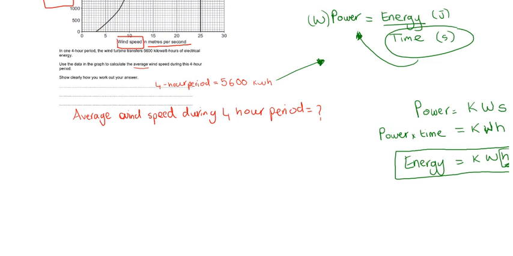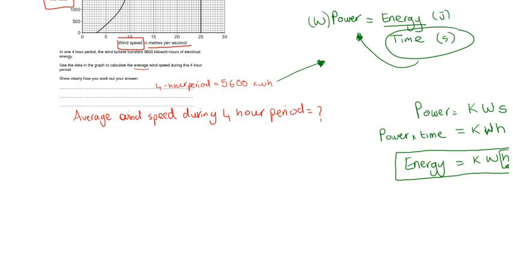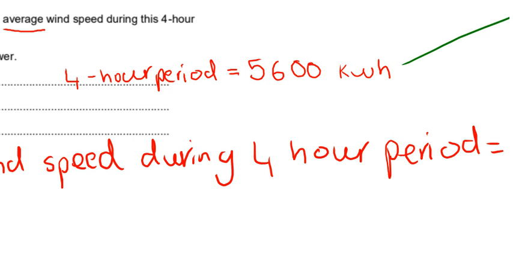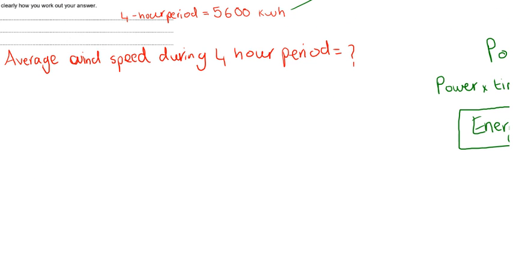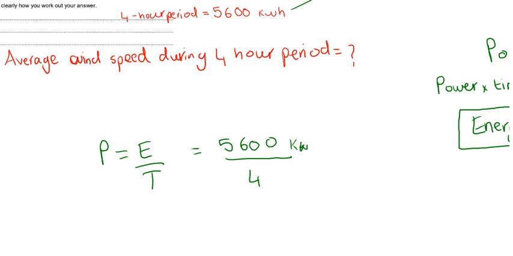Once we've understood that, we can start looking at this. We're saying in 4 hours, we're producing 5,600 kilowatt hours. With the formula P equals E over T, we know that the 5,600 is energy and the time period is 4, so kilowatt hours divided by hours.